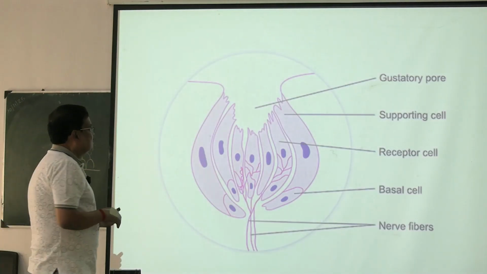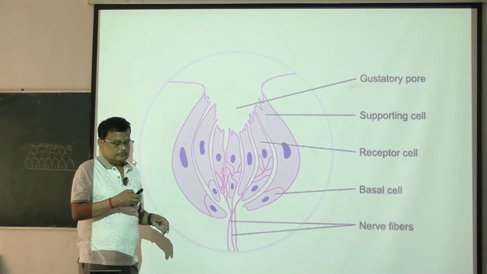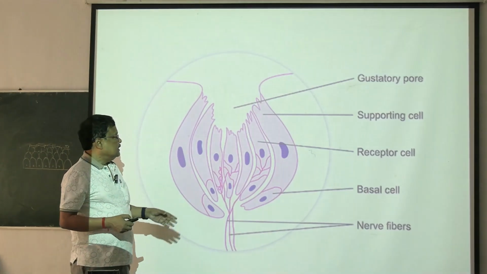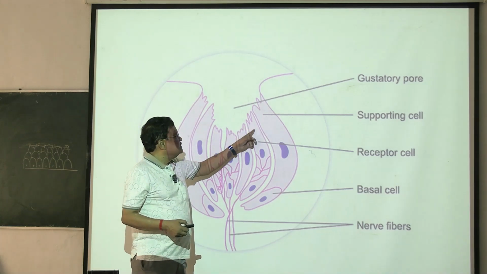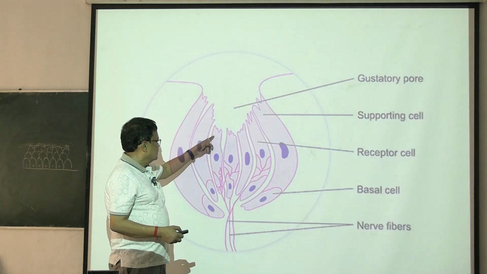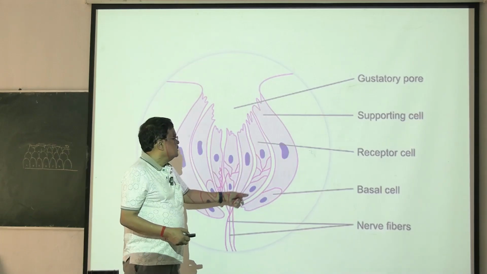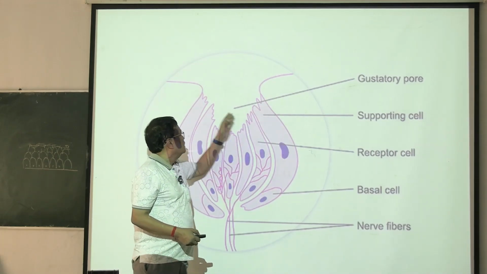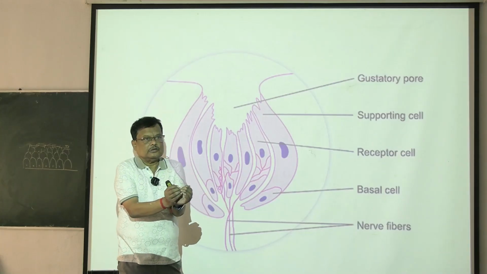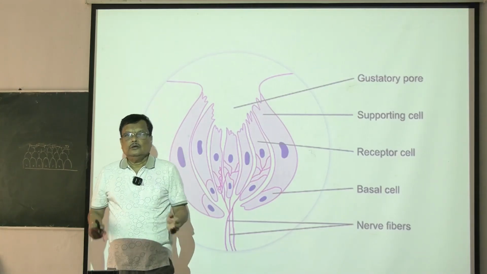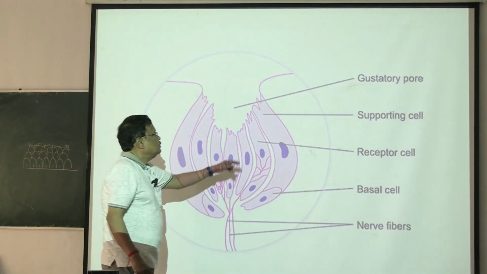Taste buds are present within the epithelium. They mainly contain an important cell known as the receptor cell. Receptor cells are supported by the supporting cells, which help to keep them steady.